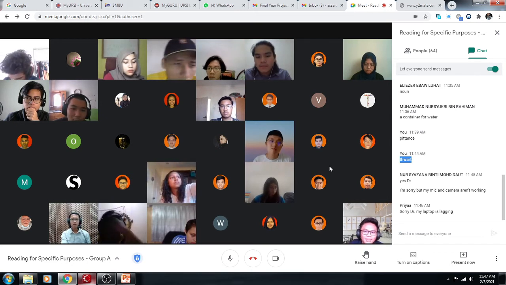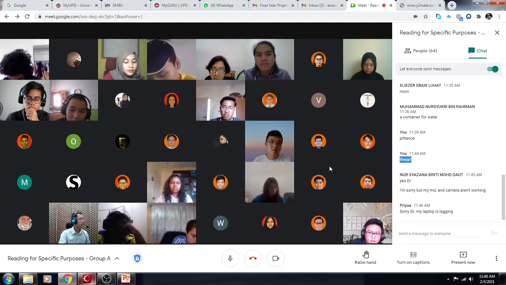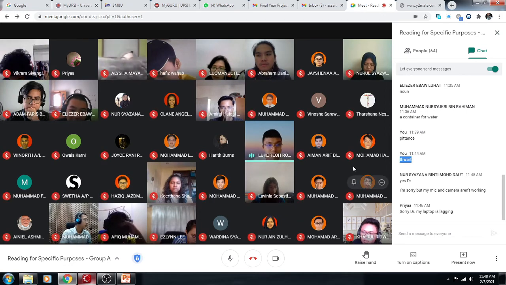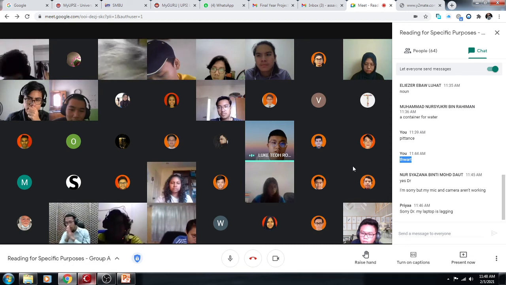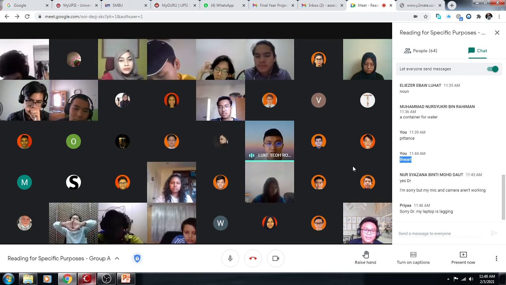Luke, can you go through the guidelines for guessing meaning from a passage? Page 62. Number 1, decide on the part of speech or grammatical function of the word or phrase. Number 2, look at the words close to it. Number 3, think about the meaning of the sentence and the topic of the passage.